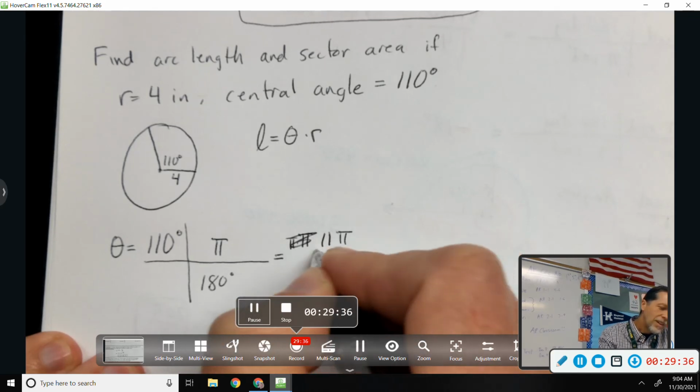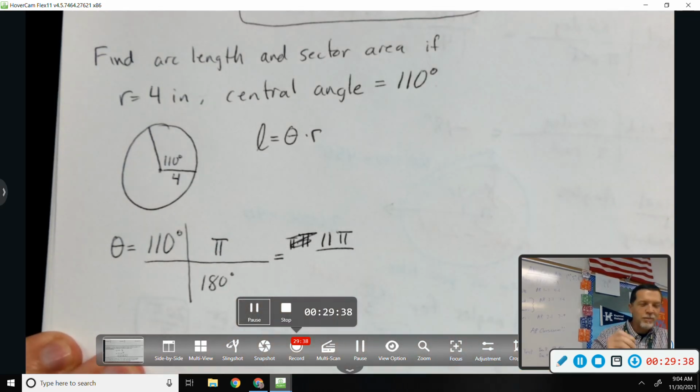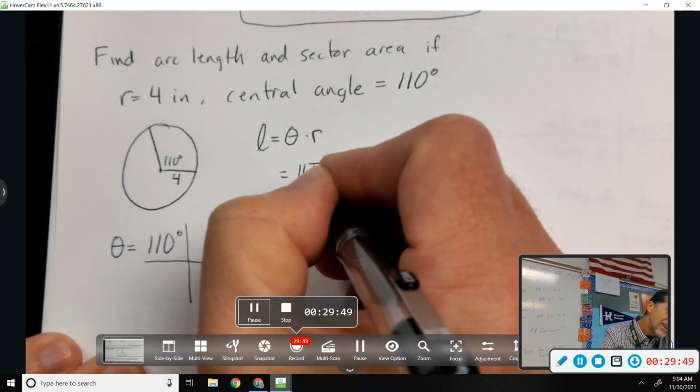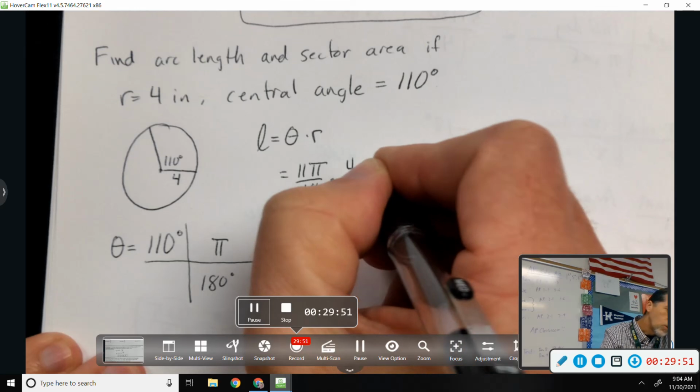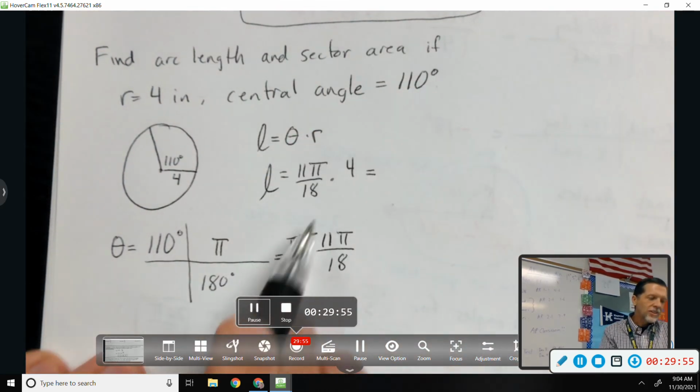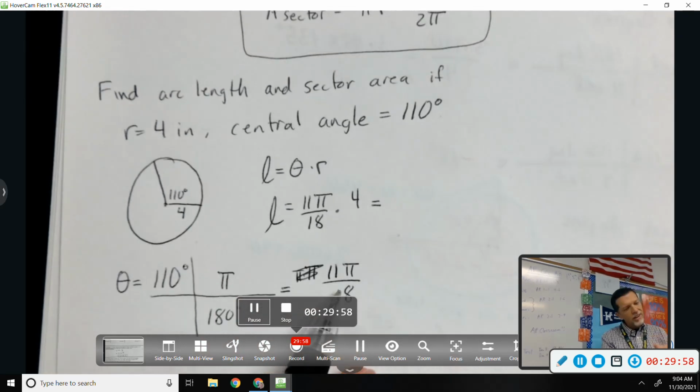If you write 11, it's hard not to automatically make it pi. Or maybe that's just me. 11 pi over 18, times 4. Because the angle is 11 pi over 18 after we converted it, times 4.